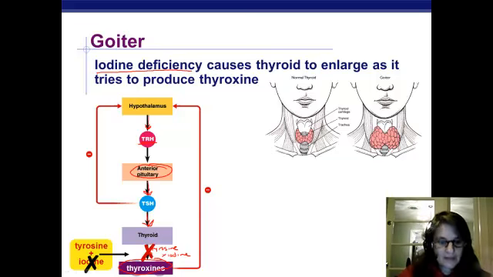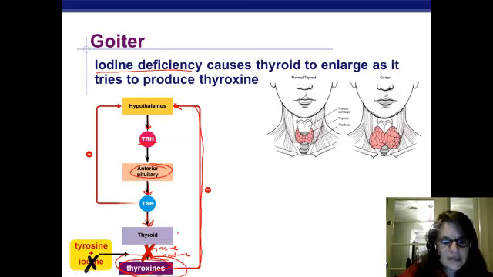Because there is no thyroxine being made, this never feeds back up to tell the hypothalamus, okay, we're making some thyroxine now, so you can stop telling us to make some, we're already making it.